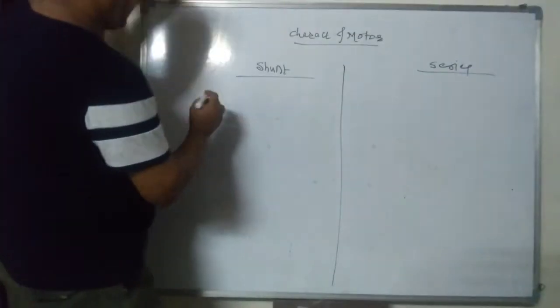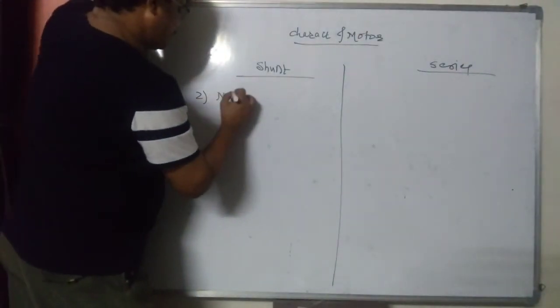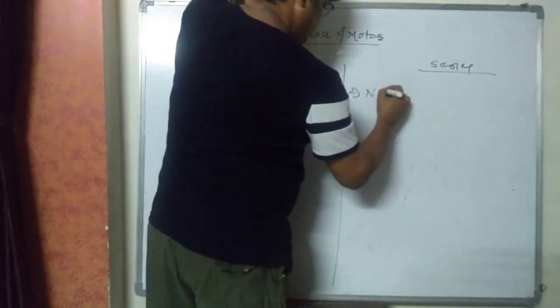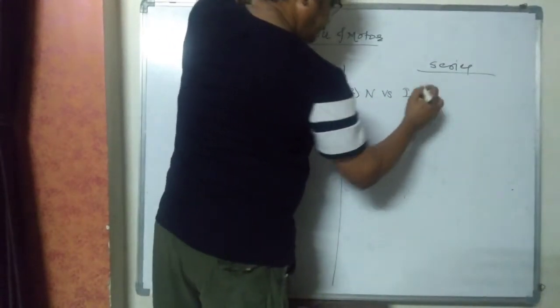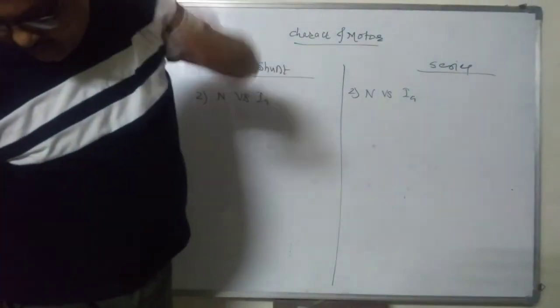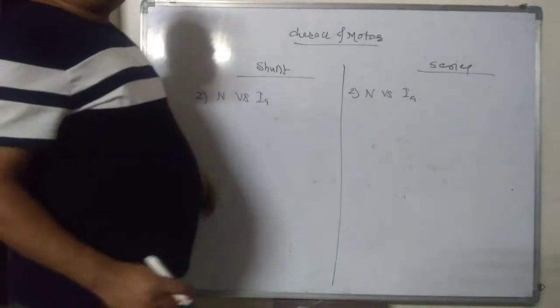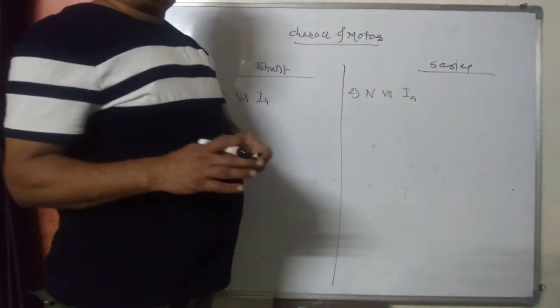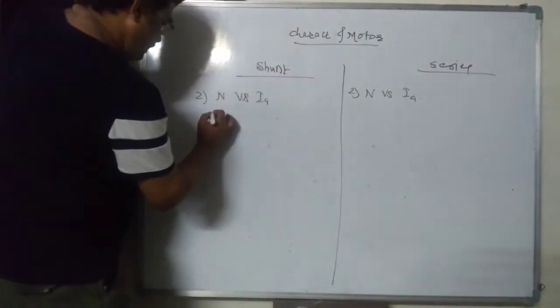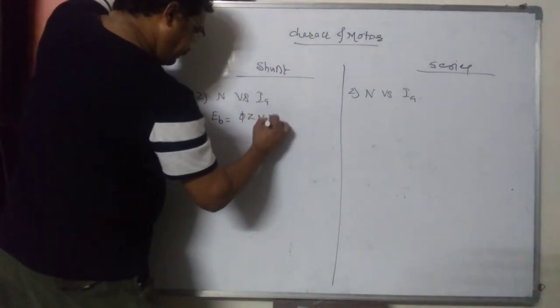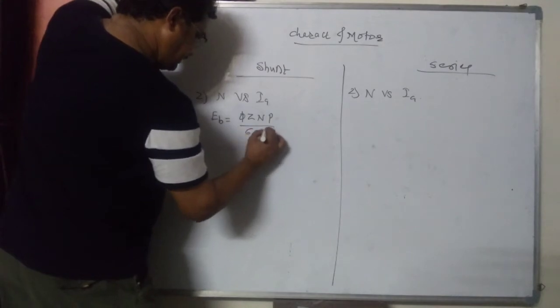Now the second characteristics: speed versus armature current. If you see, Eb is equal to phi Z N P upon 60A.